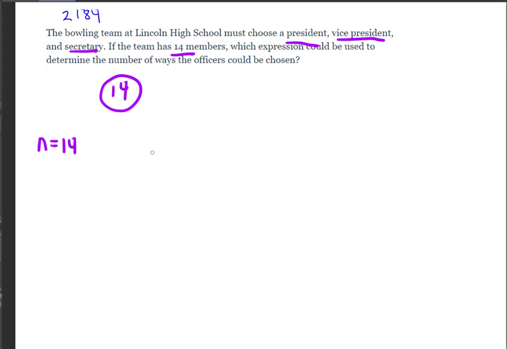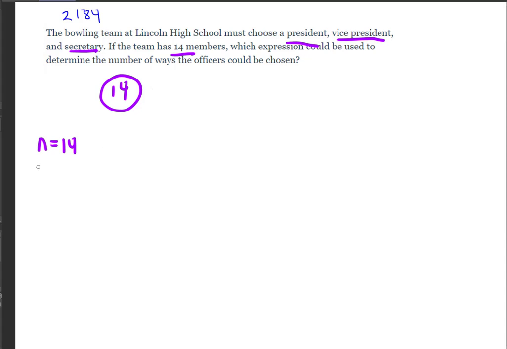Now my question for you is, does the order matter? Hopefully you said the order does matter, because it does. If you're one of those people, you're going to be very happy to be president, maybe not so happy to be secretary. Or maybe you're just not a presidential person, you like the secretary position, then you're going to prefer that, right? So yes, the order definitely matters in this case.